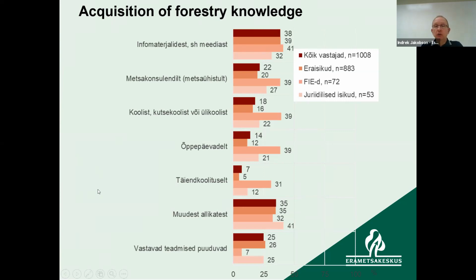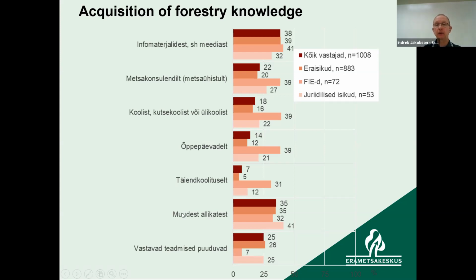So what does it show? It shows that people get a lot of their knowledge from media, and it doesn't depend a lot on how they are managing their forest. But if we are taking forestry education, what they got from vocational school or university, then companies have nearly 40%, but physical persons only less than 20.